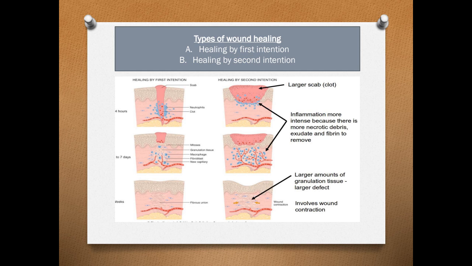And usually when we talk about burns, we talk about secondary intention. Secondary intention means there is loss of skin, because most of the time in burn trauma there is loss of skin.